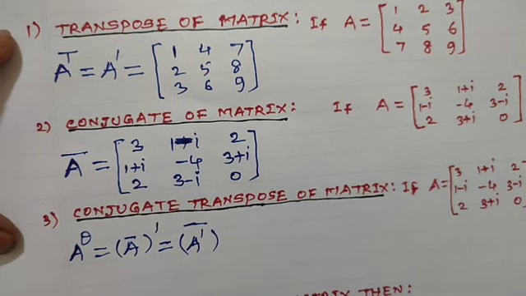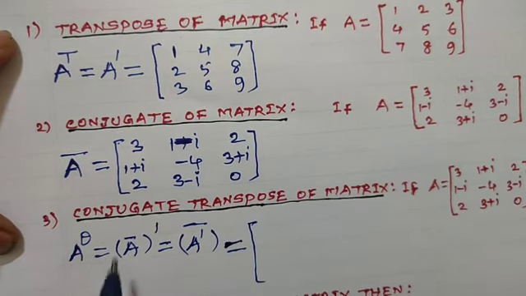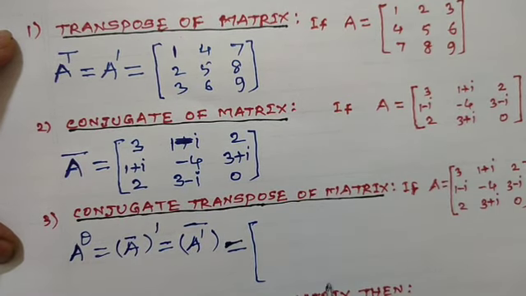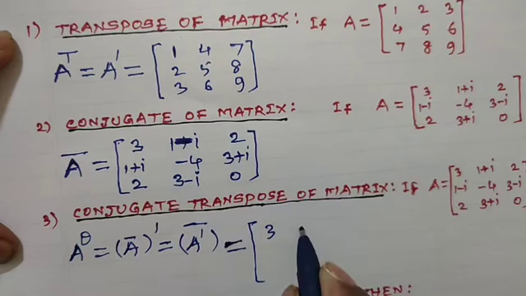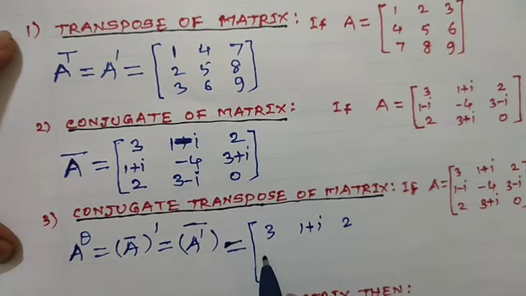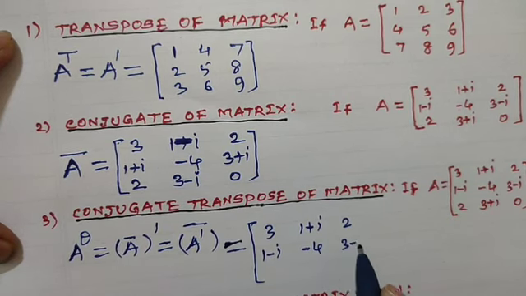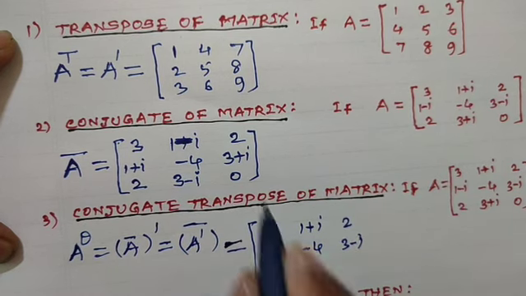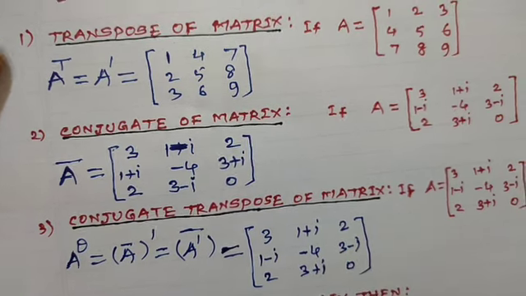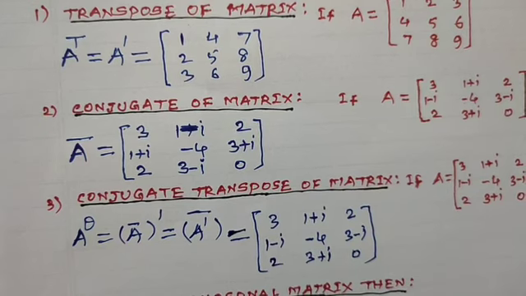Both are the same. So the first column becomes the first row: 3, 1 plus i, 2. Then the second column becomes the second row: 1 minus i, minus 4, 3 minus i. And the third column becomes the third row: 2, 3 plus i, 0. This is the conjugate transpose of the given matrix.